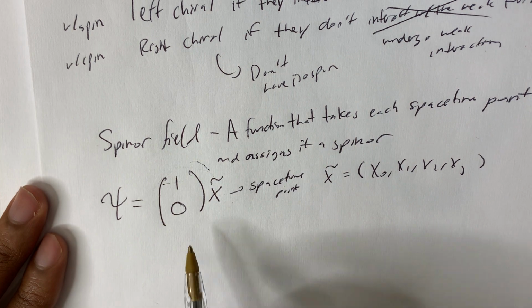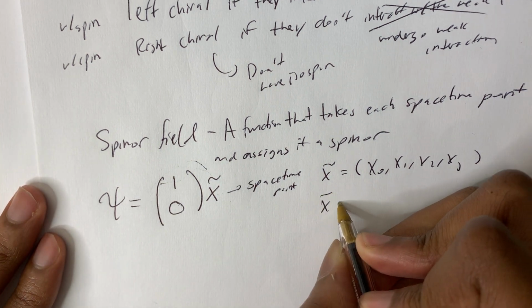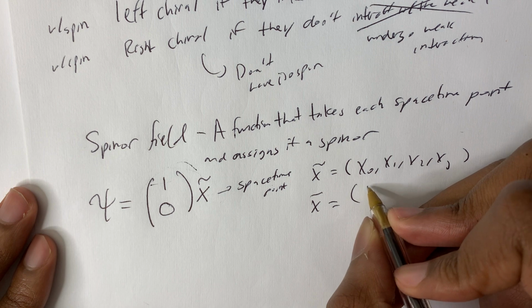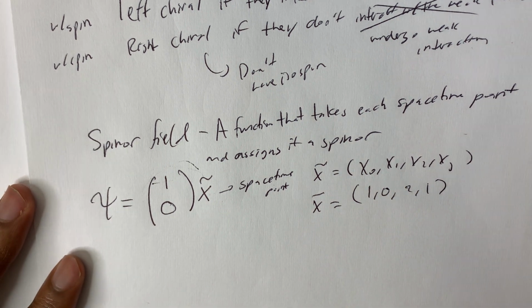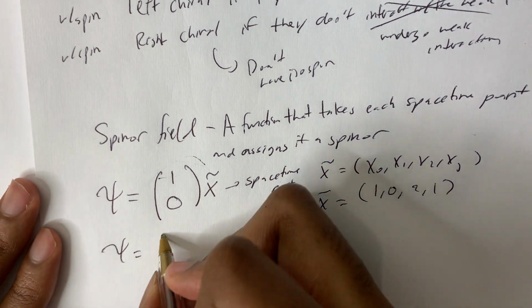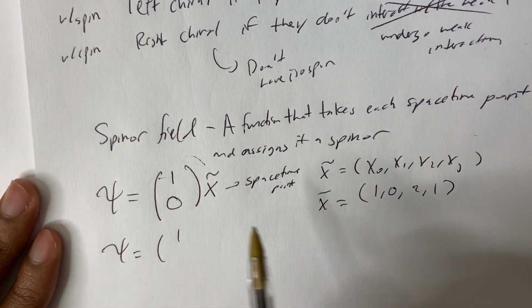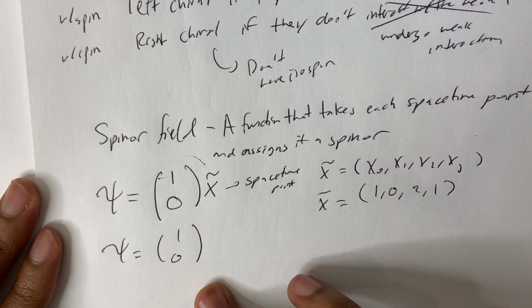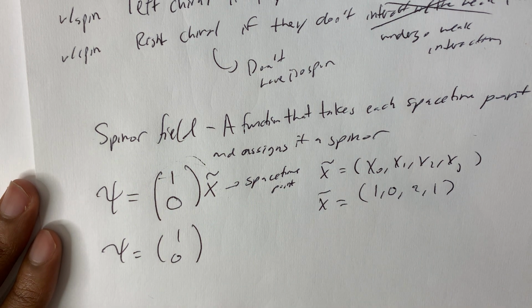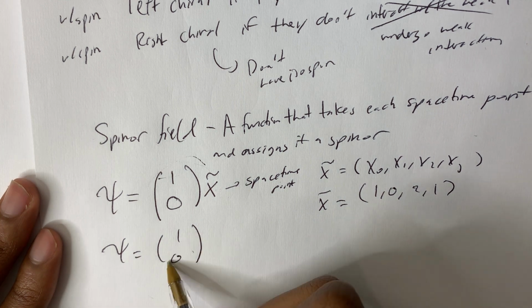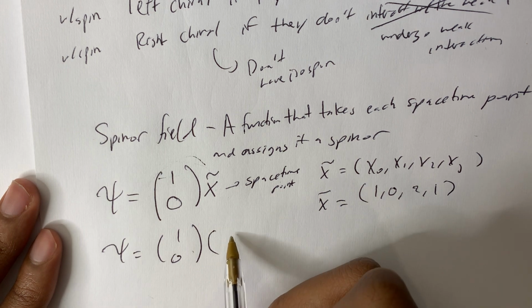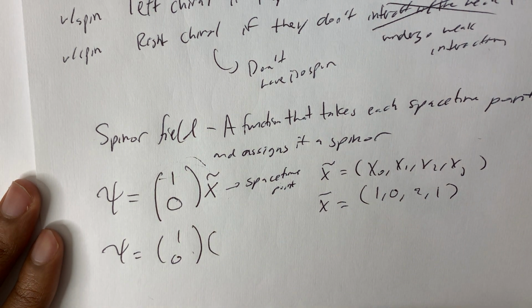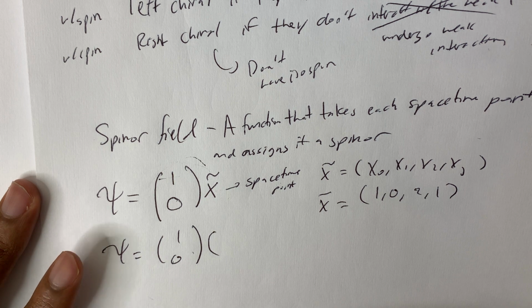Here's just some example. We can have the space-time point (1, 0, 2, 1), just making up something random, and the spinor field at that point would be (1, 0) multiplied by... actually, I could define it a bit better.